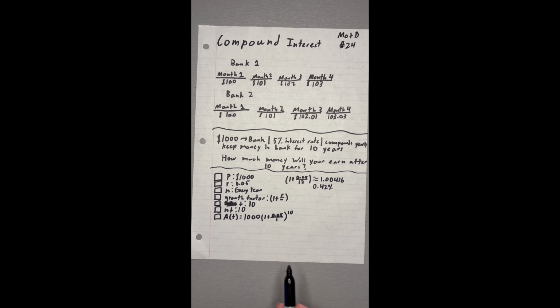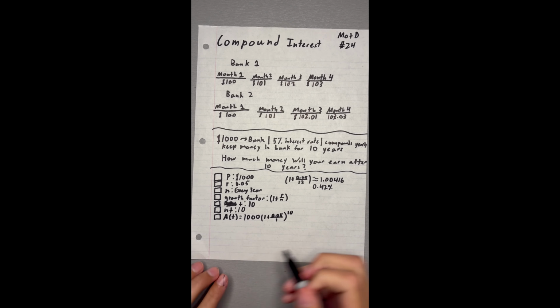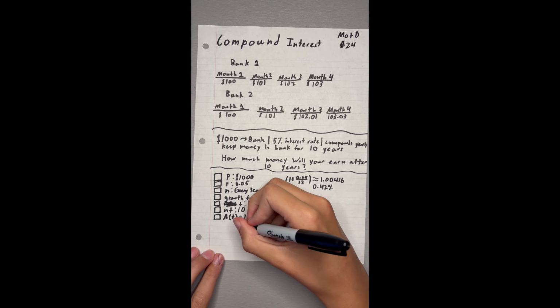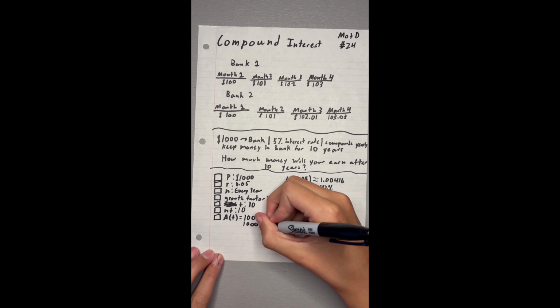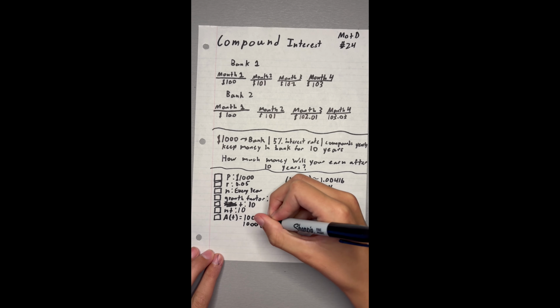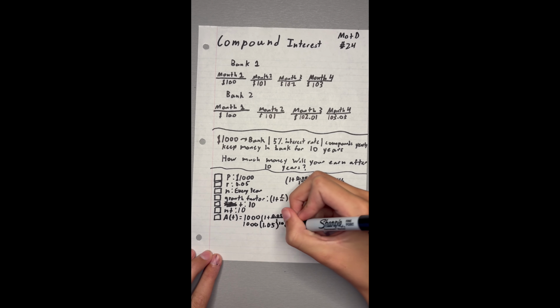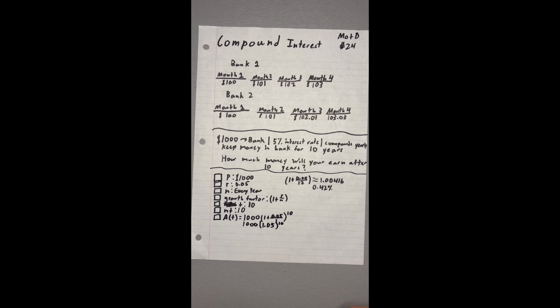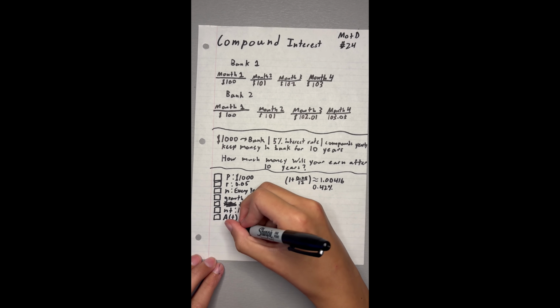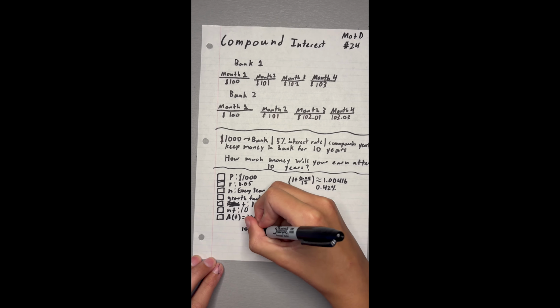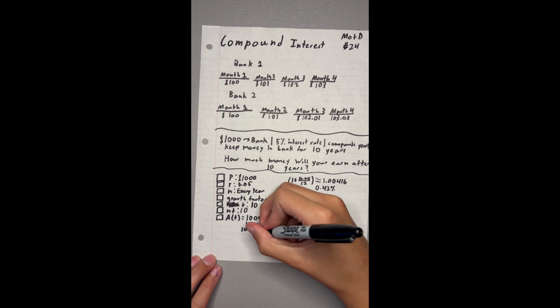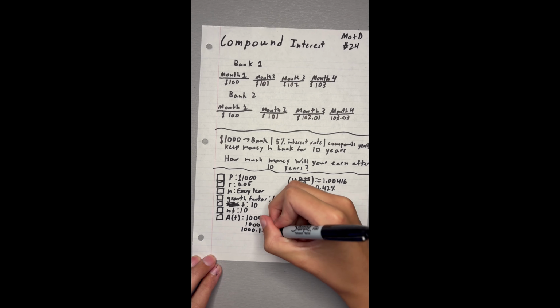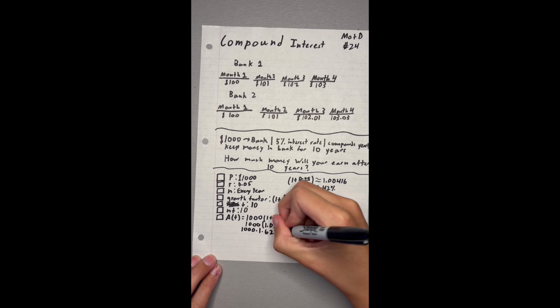Now, let's figure this out. This can be written as the same thing as 1,000 times 1.05, if we just calculate this whole part in the growth factor together, to the 10th power. 1.05 to the 10th power is about equal to 1.6288.